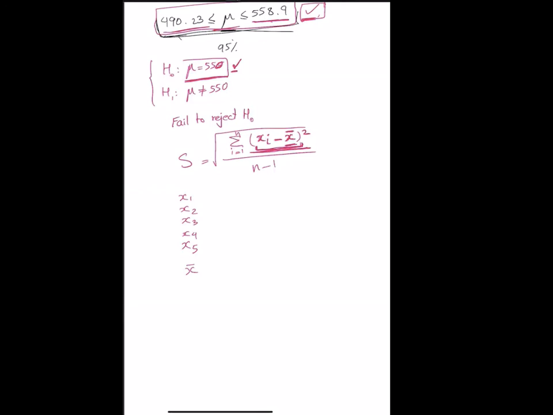If I don't raise them to the power of 2, then the plus values and the minus values cancel each other. Then I divide by n-1, and that gives me a measure of spread around the mean. And that's the whole definition of variance or standard deviation. They are a measure of the spread around the mean of the sample.